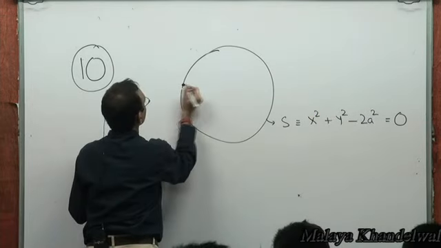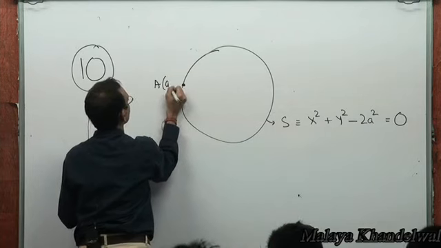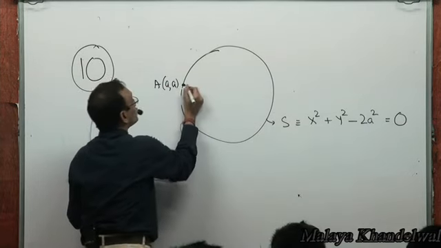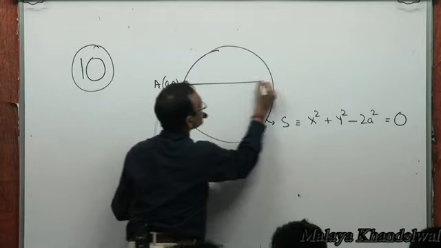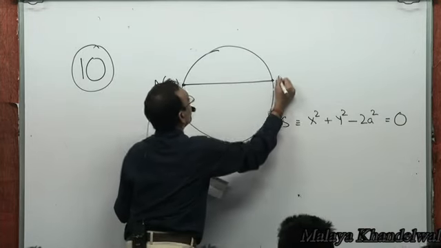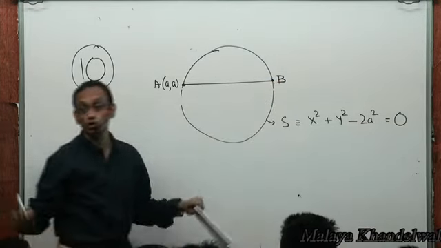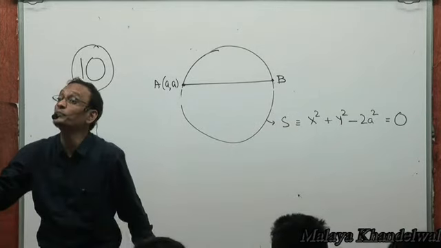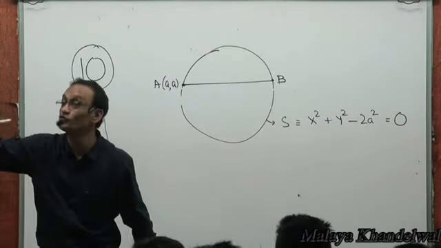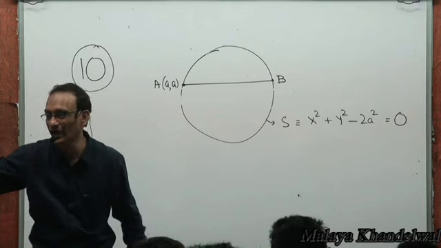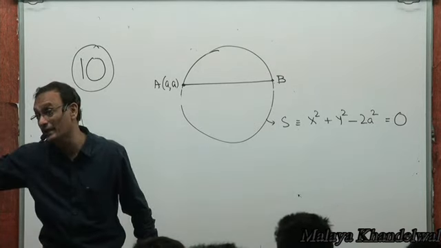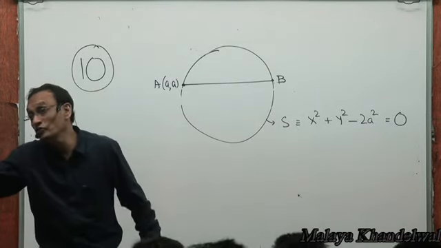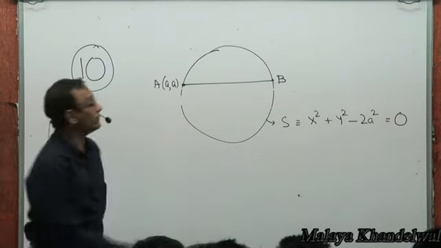From a point AA on the circle, we want to be able to draw two chords, two ABs, whose midpoint lies on the parabola. AB should be bisected by the parabola. That means midpoint of AB must lie on the parabola.